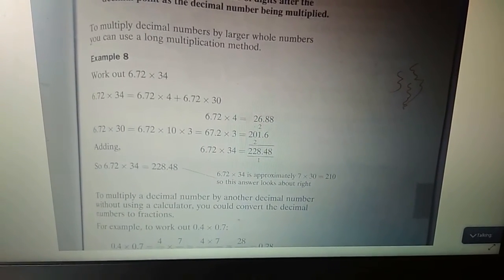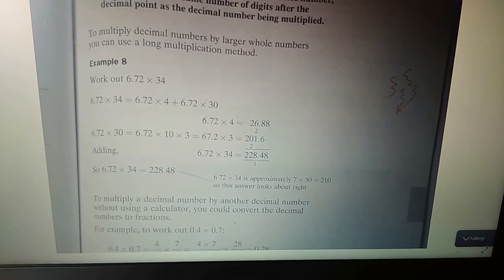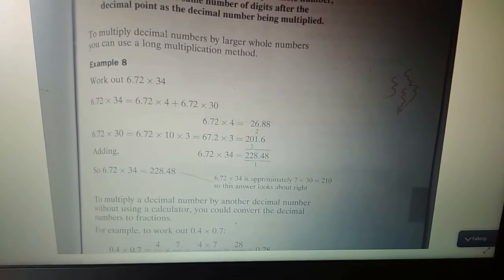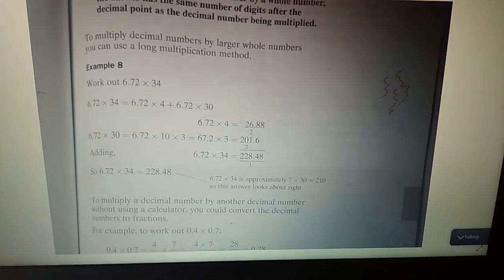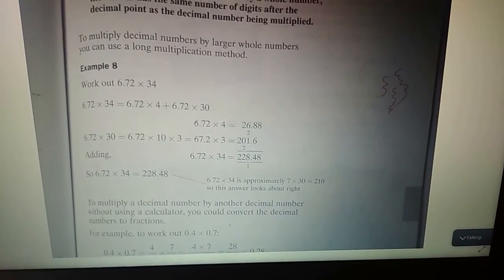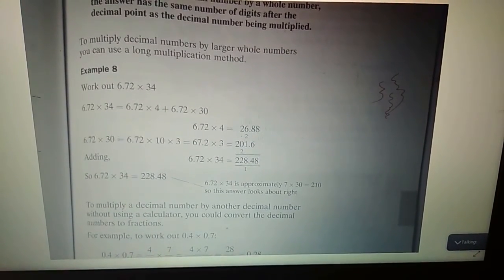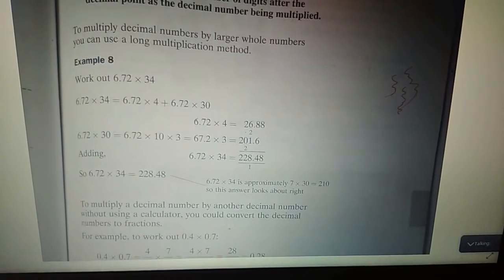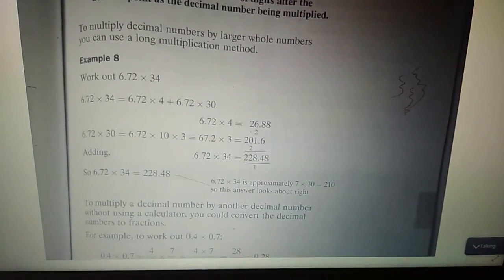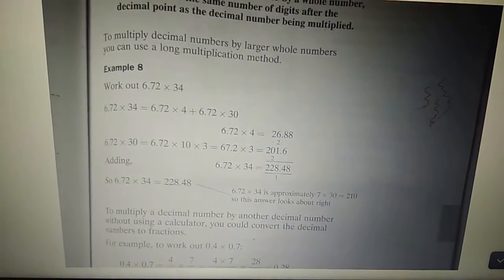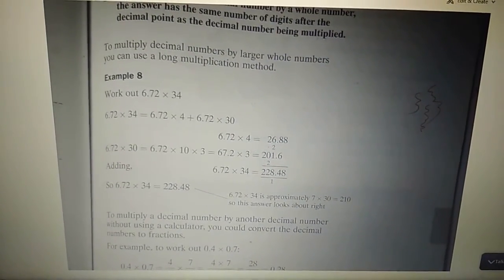So they are doing it separately. 6.72 multiplied by 4 first, and then 6.72 multiplied by 30, where 30 is the tens here. So 6.72 multiplied by 4 is 26.88. And this is the first phase. In the second phase, they are multiplying 6.72 with 30.